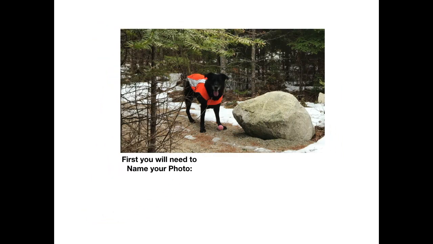So an example. This is a photo of my dog, and the original photo has a number assigned to it. That's what your camera does when you take a picture. You don't want to post this with that moniker on it because search engines don't know what it means. It means nothing to them.